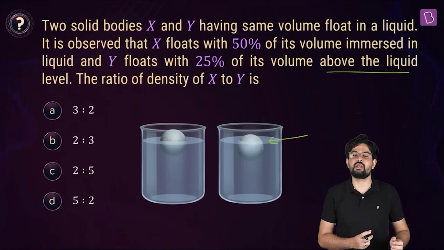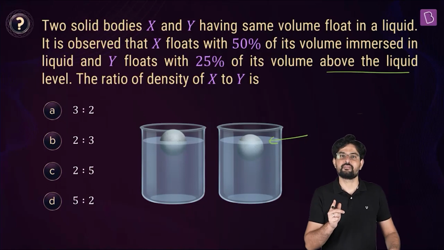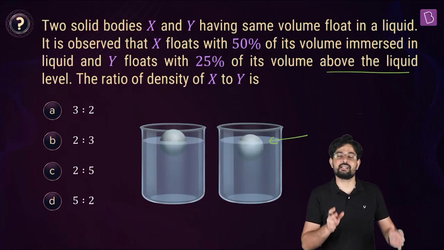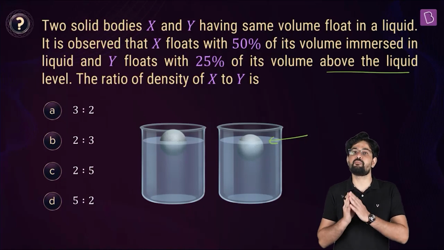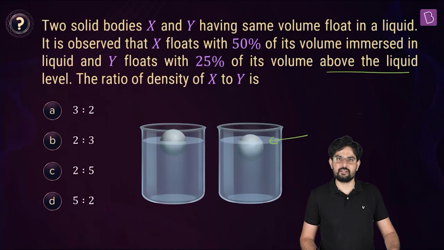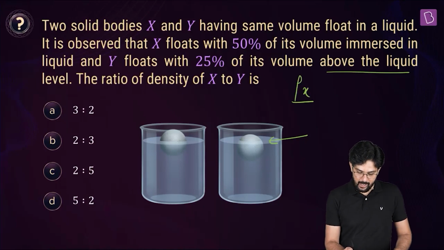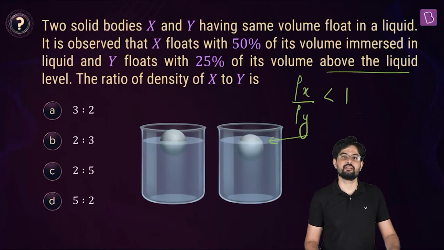So the weight of the liquid displaced is more for Y. And you can say that the density of Y should be more than the density of the object X. Right? So intuitively, rho X by rho Y, this ratio should come out to be less than 1.